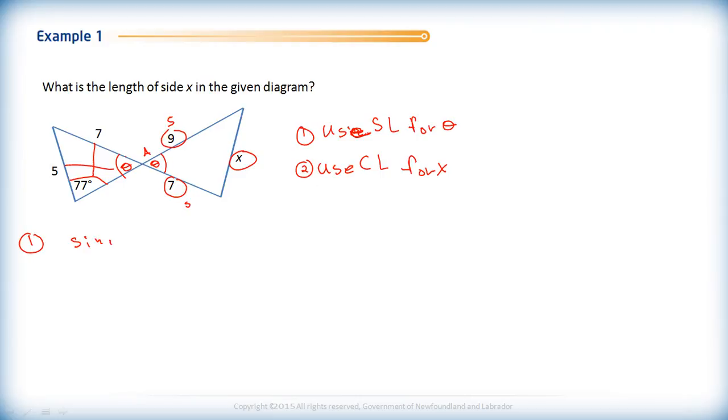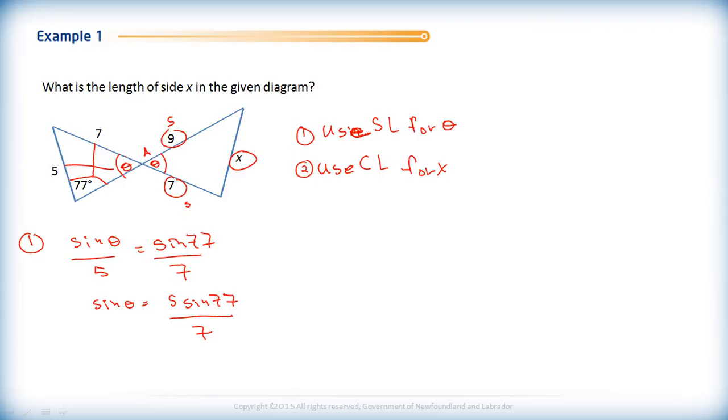So we can say sine theta over 5 is sine 77 over 7. Okay, so then we're going to say that sine theta equals 5 sine 77 divided by 7. So let's see what that is. 5 sine 77 divided by 7 is 0.6960.